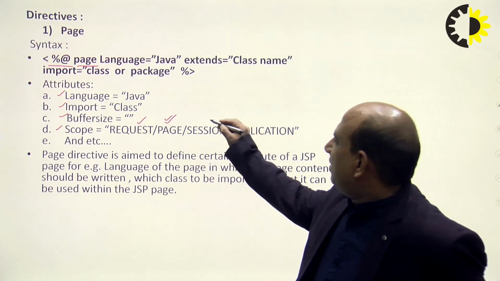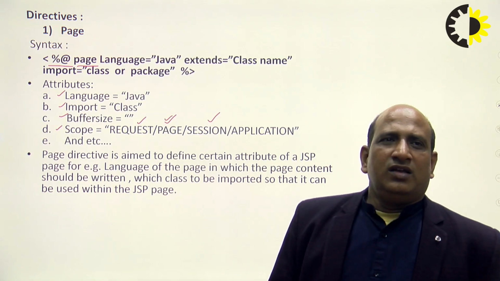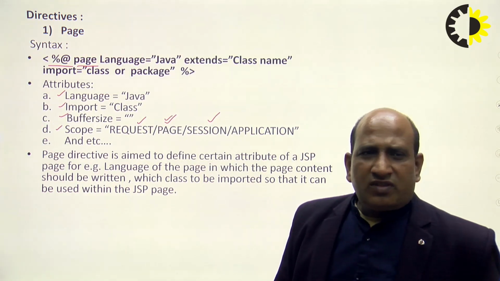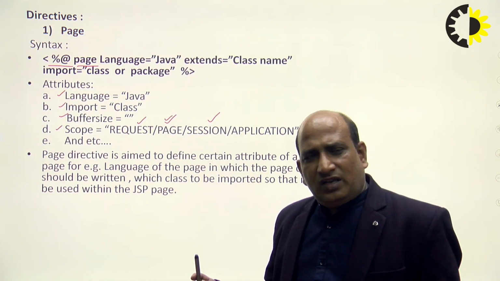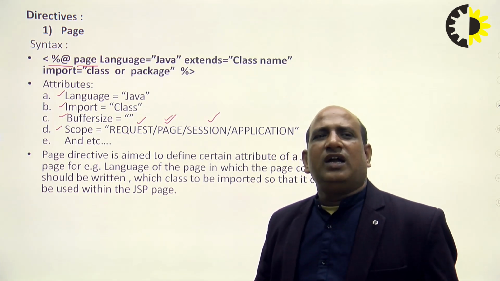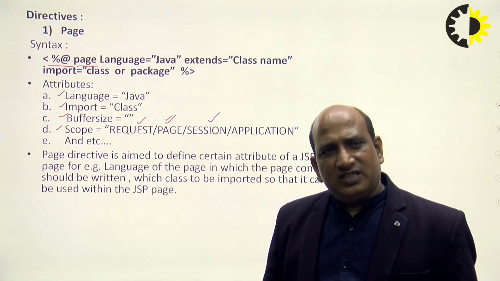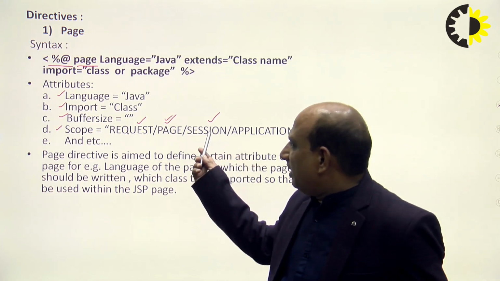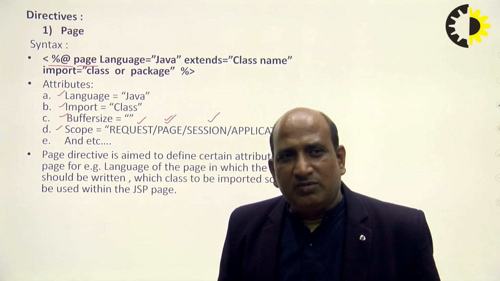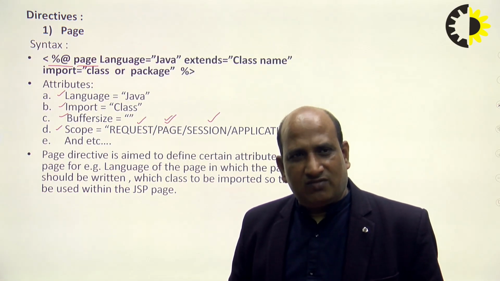Similarly, if you set the scope as session, then from the start of the session till the end of the session, the page content is accessible. As you already know, in servlet I told you about the session tracking mechanism and explained why session tracking is required.